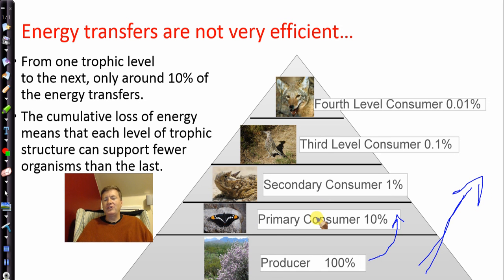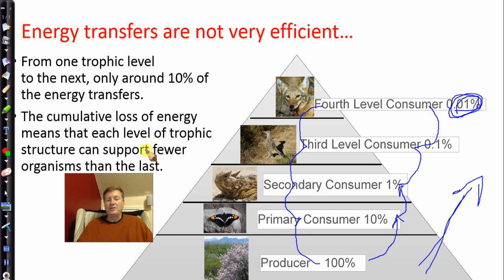When the secondary consumer eats the primary consumer, only 10% of the original 10% gets transferred. As we go up to the third level and the fourth level, just listen carefully. I'm going to go 10% of the 10% of the 10% of the 10%. So only a very small fraction of energy from the original producers gets to that fourth level of, in this case, the food chain.